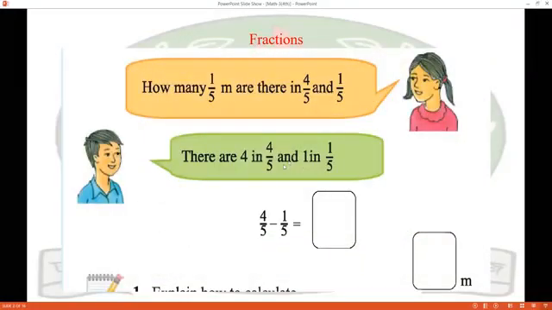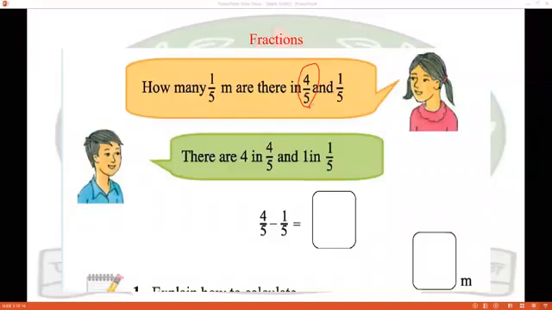So this is the calculation. We see how many 1 by 5 meters there are, in a different way. They think how many 1 by 5 remain in 4 by 5.